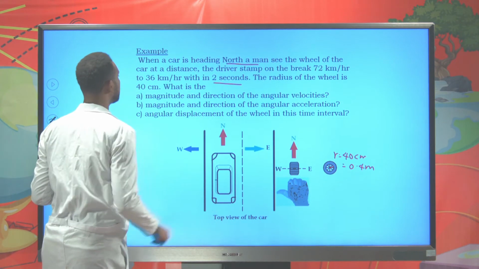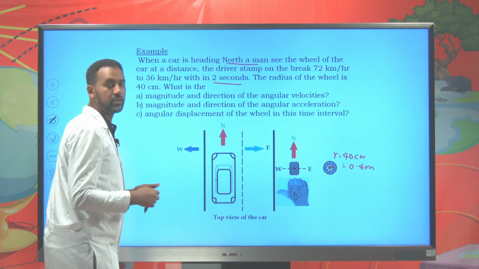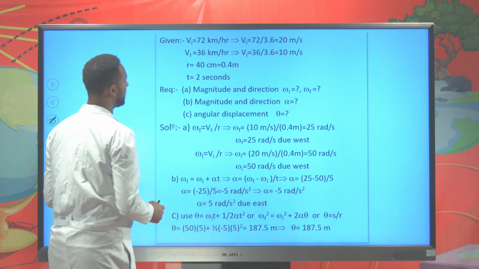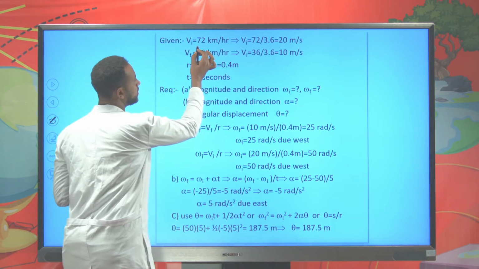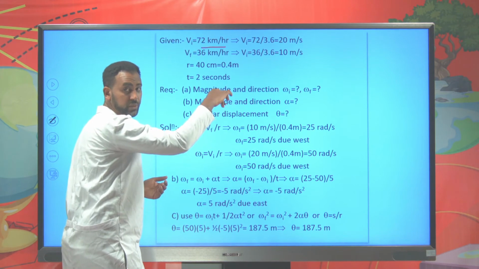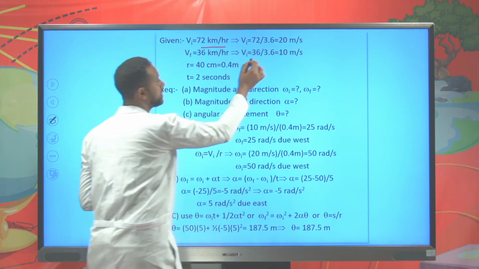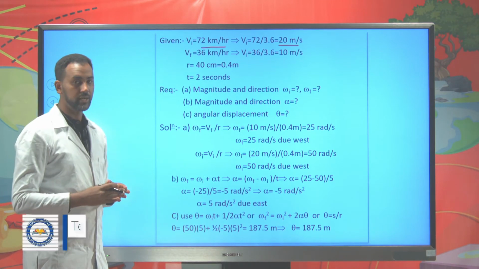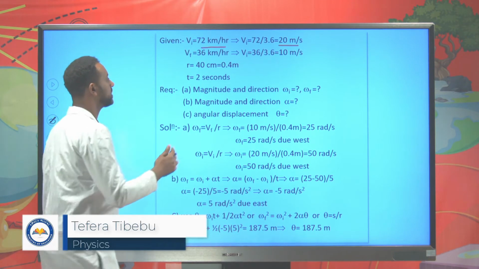We have to convert all of this to the standard unit, meter per second. 72 km per hour can be converted into meter per second by dividing by 3.6. When you divide this, you find it to be 20 meter per second. The initial linear velocity is 20 meter per second.